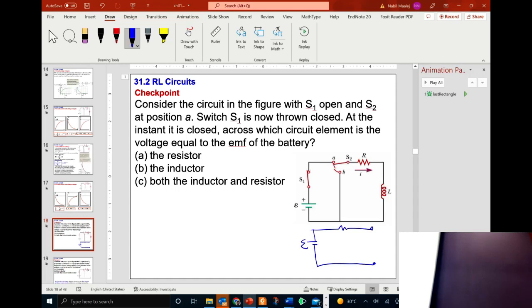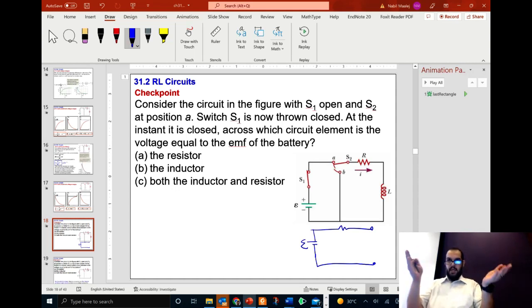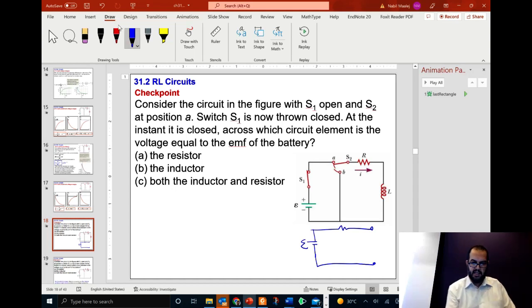So if you put a voltmeter across here, the inductor is like an open, and you will be measuring the same potential as that of the battery, because the inductor at time equal to 0, when you close the switch, acts like an open, as if it's not there. So the correct answer is B.